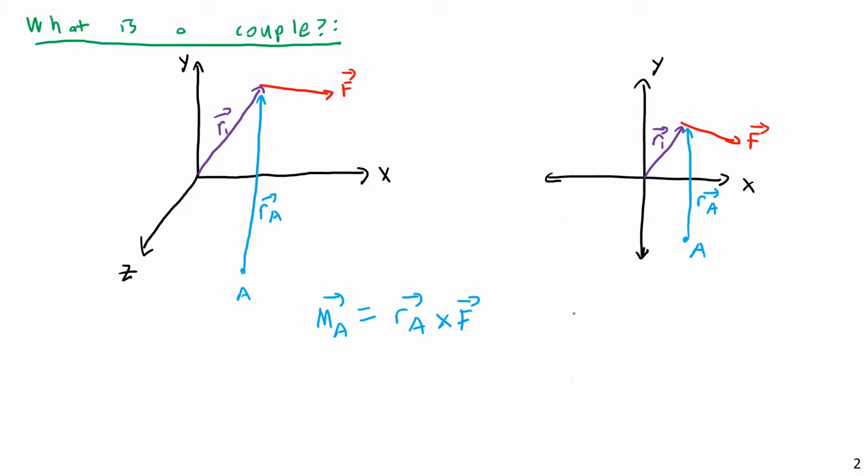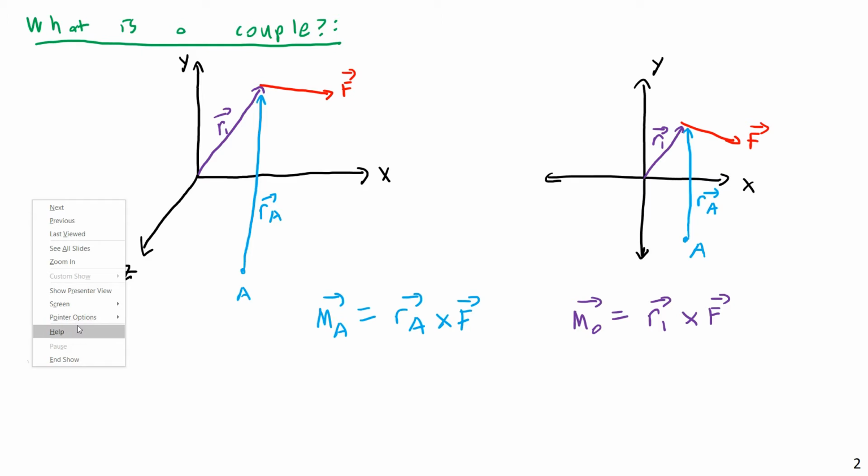And the moment about the origin, as we've labeled it here, is going to be equal to R1 cross F. Fairly straightforward, just taking the 2 displacement vectors and doing the cross product. But the real important thing here is that these are not equal to one another. RA cross F is not equal to R1 cross F. It's the same force vector, but it's going to be a very different displacement vector.